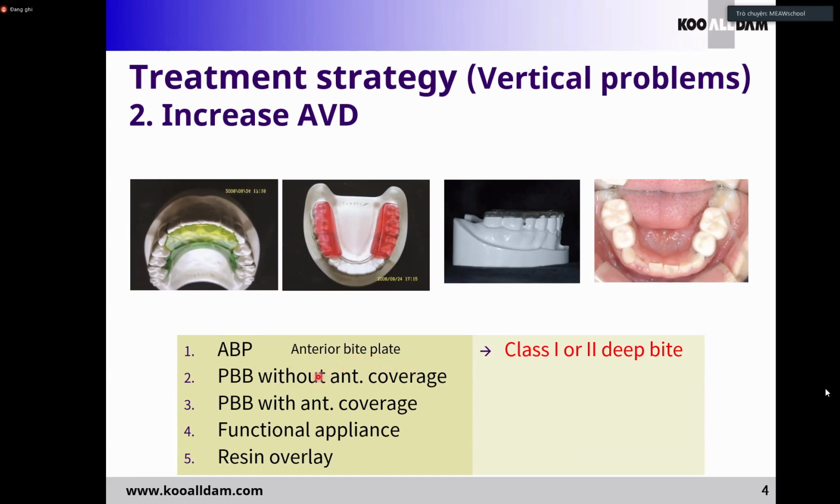However, in class 3, we cannot apply this appliance to the class 3 patient. Second is posterior bite block without anterior coverage. Third, posterior bite block with anterior coverage. And also functional appliance, and this is a resin overlay in primary molars.